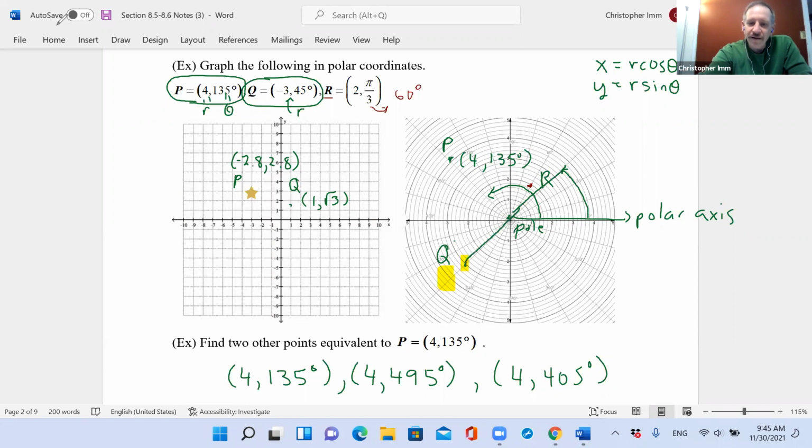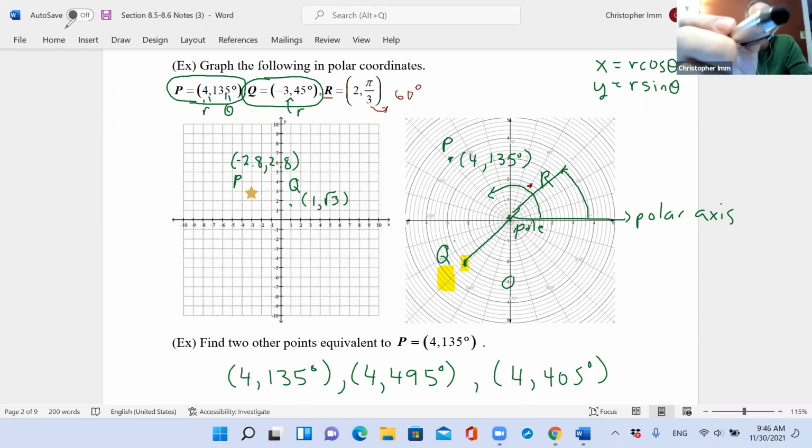Perfect. So he ended up with Q right here. Notice that this is going to be 3 out. It's going to be a radius of 3, and it's going to be in the opposite direction. Nice job, Ollie. So that's where you would plot Q on the polar axis. Are there questions there? All right, that's a great job.